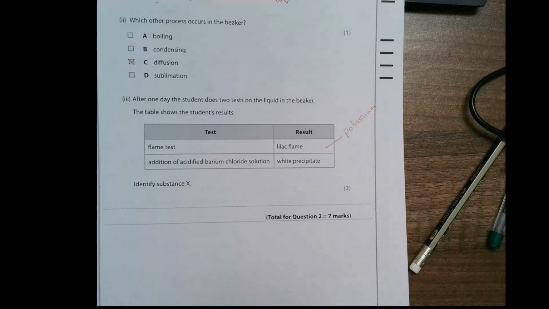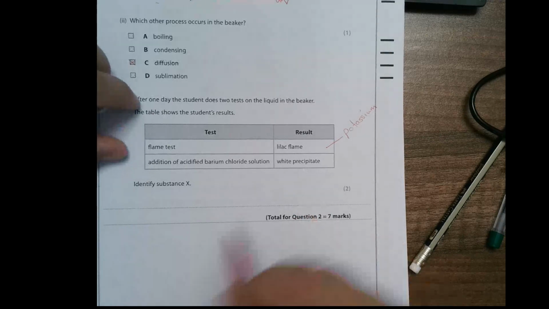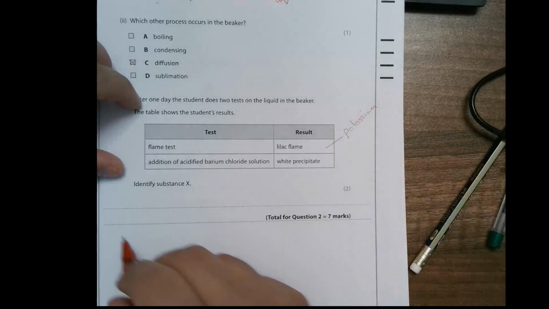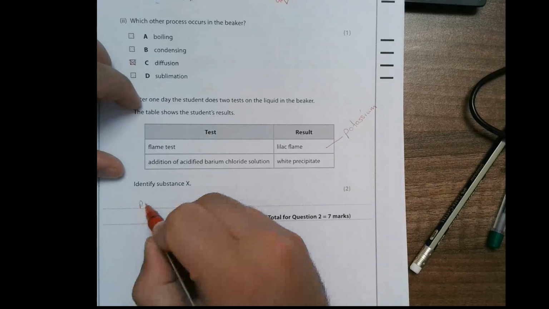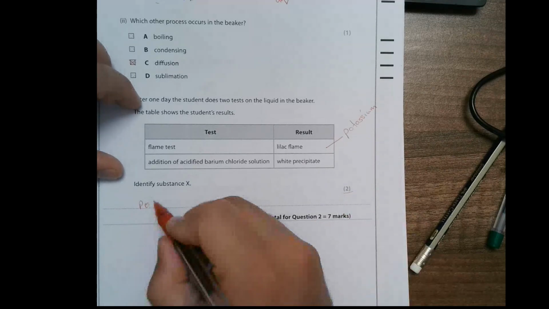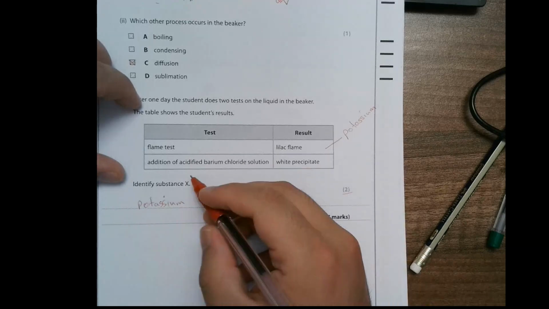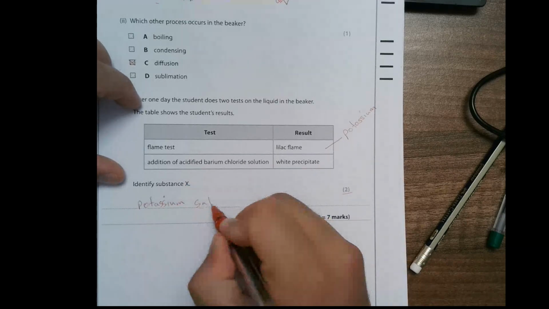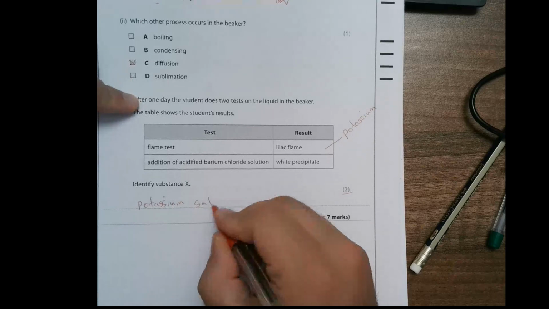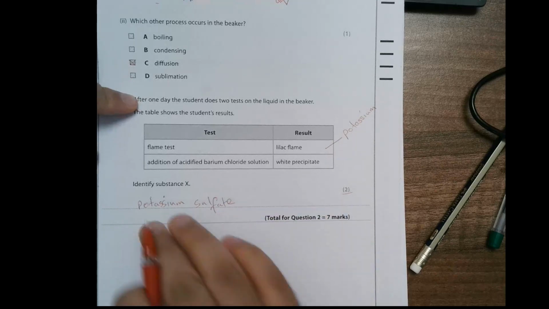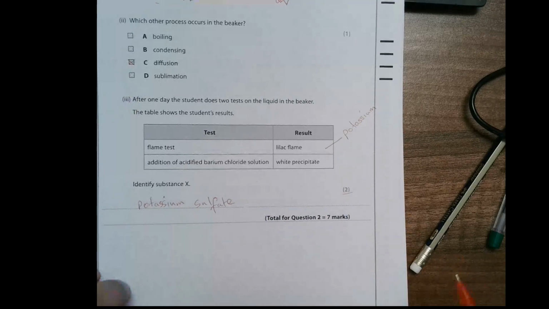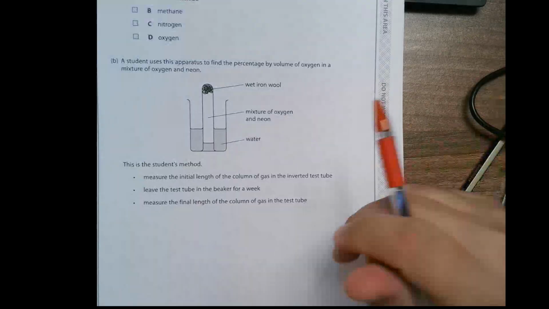The barium chloride solution is going to give us the answer as some sort of sulfate because the white precipitate is formed. We're just essentially going to identify that as potassium sulfate, and that will give us the 2 marks. Even if you had written potassium down, that would be 1 mark, or sulfate down, that would just give you another 1 mark. However, if we write it out as potassium sulfate, that compound, that will give us 2 marks because we've used both of the tests to identify.